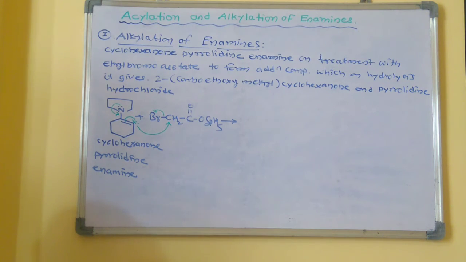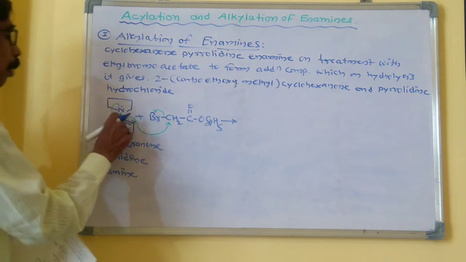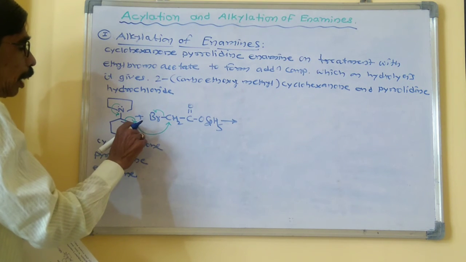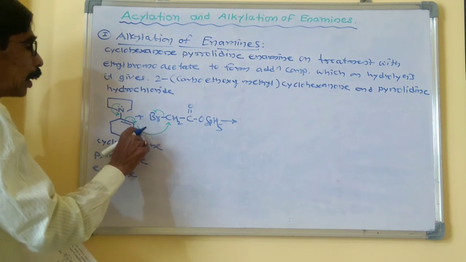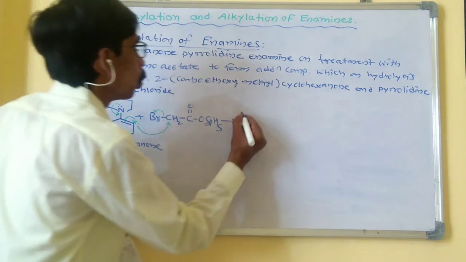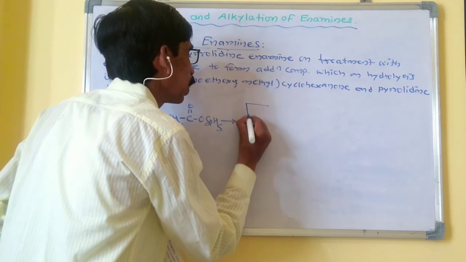Now this pair of electrons is transferred between the nitrogen and carbon to form the double bond, this double bond is transferred to carbon, this carbon becomes negatively charged, and this negatively charged carbon is linked with this CH2. So we will get the addition compound.